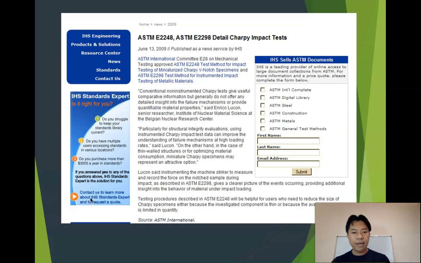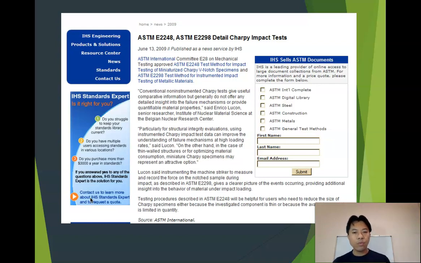And this is something that you probably use when you are running Charpy impact tests in the laboratories. If you take note in the introduction of your lab reports, they use the ASTM International Committee on Mechanical Testing approved ASTM E2248 test method for impact testing of miniaturized Charpy V-notch specimens, and also the test method for instrumented impact testing of metallic materials.